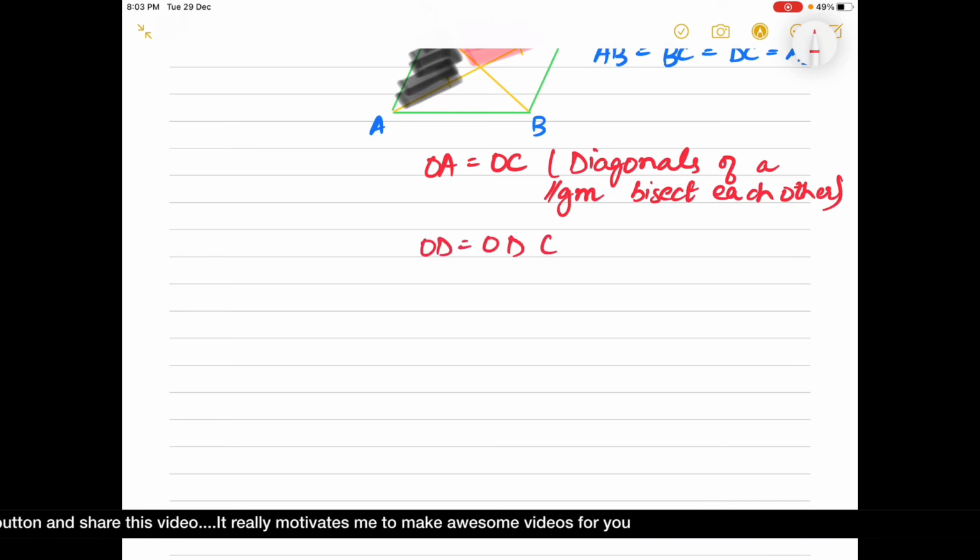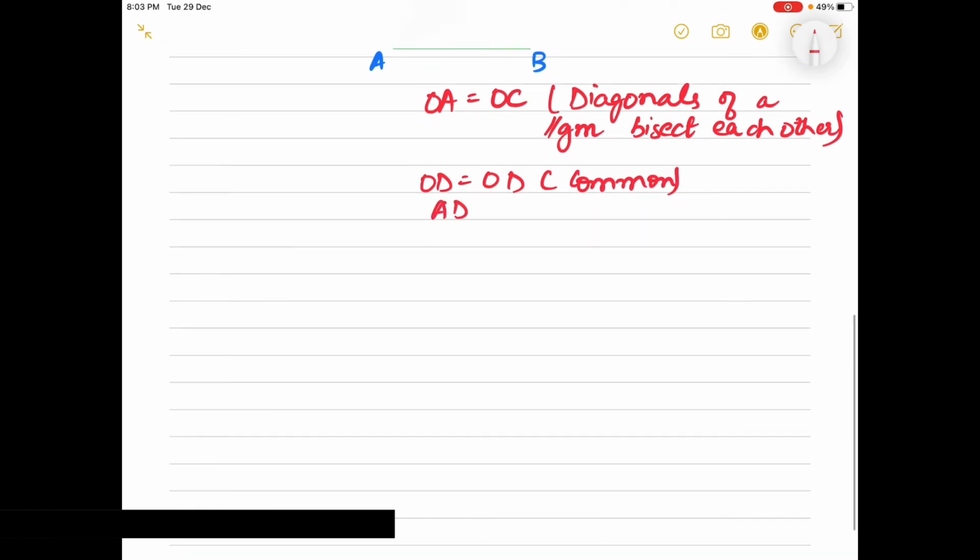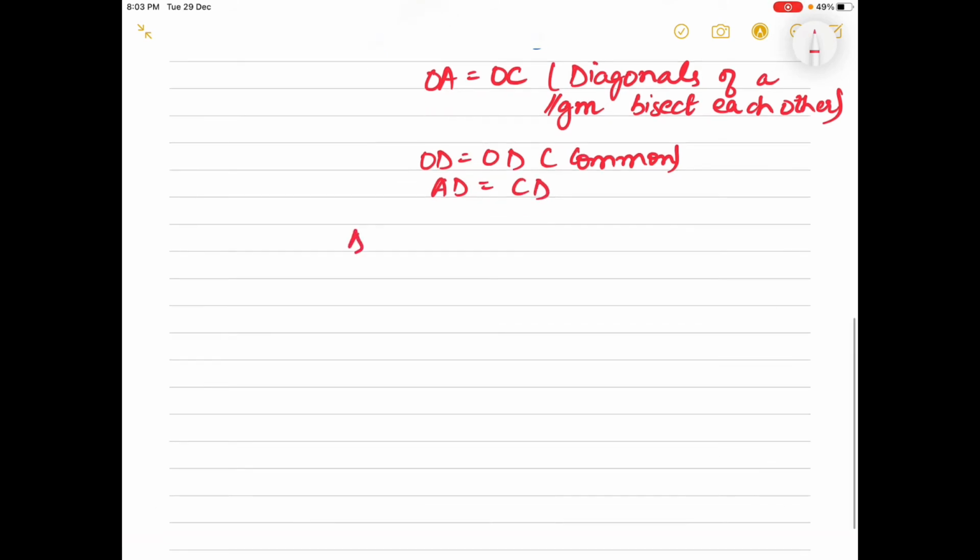AD will be equal to CD, as these are sides of the rhombus. Therefore, triangle AOD will be congruent to triangle COD by SSS congruency rule.